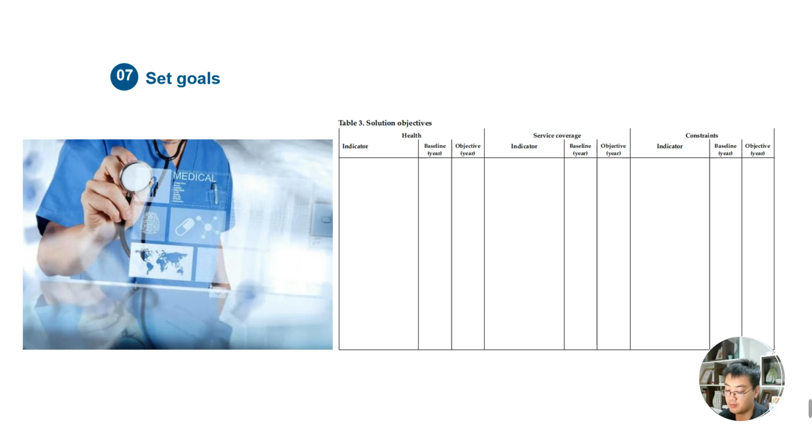From the problem definition table, select health indicators that are more sensitive in measuring changes in the health of concern and several performance indicators that are likely to change with the solution.